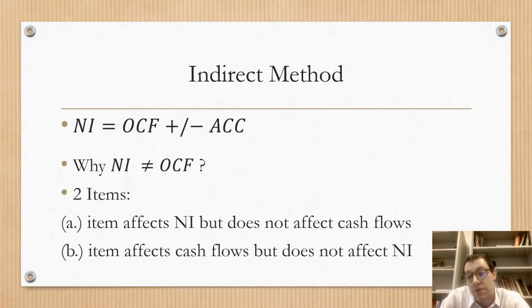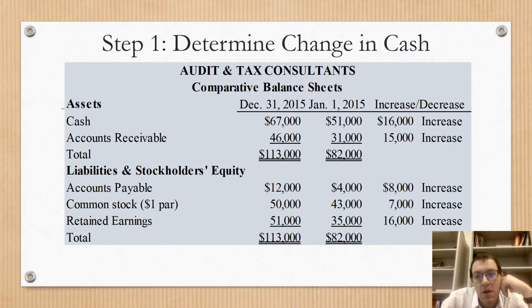The other item to watch for is something that affects cash flows but has no effect on net income. And so you have situations like you prepay your rent for the year. That's a negative operating cash flow, but that will not affect net income. The journal entry is prepaid rent goes up, cash goes down. No net income effect there. Alright, so that's a big picture thing you've got to keep in mind.